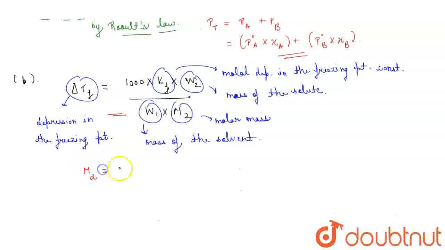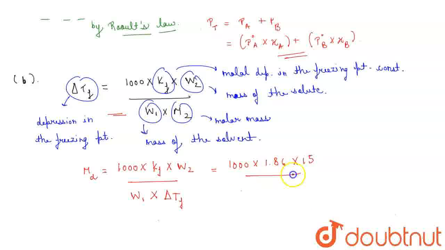Now after rearranging this formula, we will get M2 equals 1000 into Kf into W2 divided by W1 into delta Tf. Now let's put in all the values. So 1000 into 1.86 into 15 divided by 450 into 0.34.